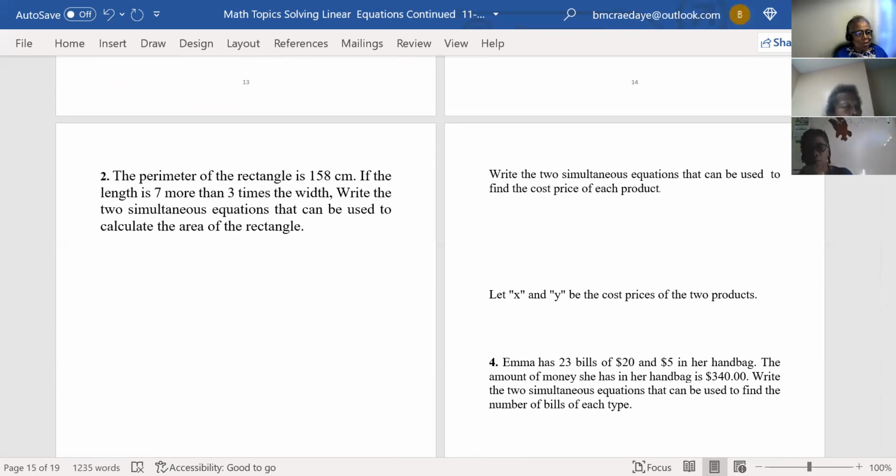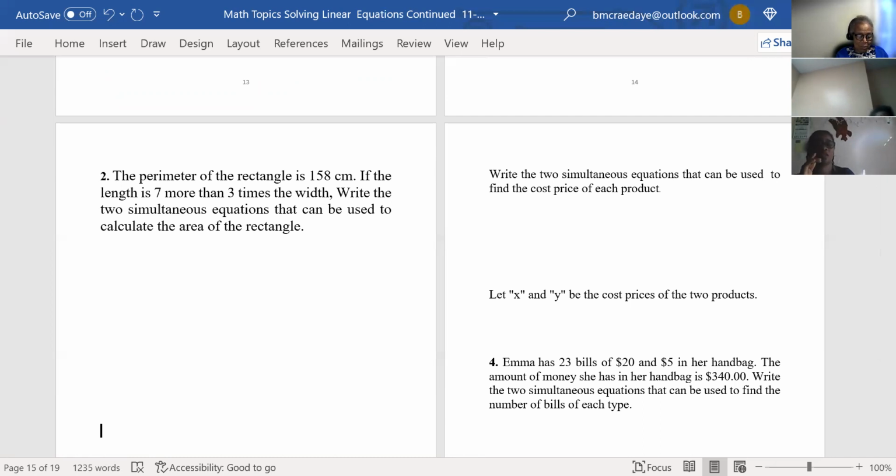If the length is 7 more than 3 times the width. Okay, two equations that we could use to calculate the area, which means to calculate the area we want to find the length and the width.